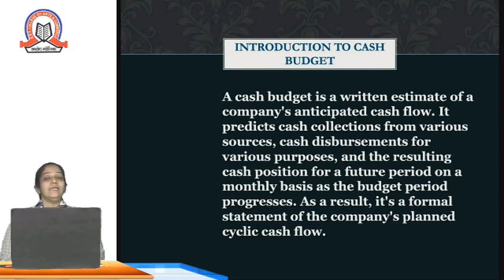Now, let's see this with the help of one example. In a company, on a day-to-day basis, there are various activities in which cash is involved. Say for example, if I have to pay salary to someone, that will be considered a cash outflow. Some amount will be paid to some person, so that will be a cash outflow.